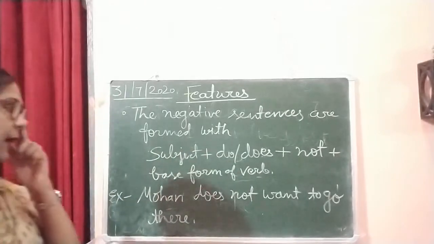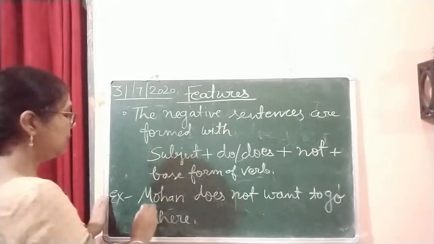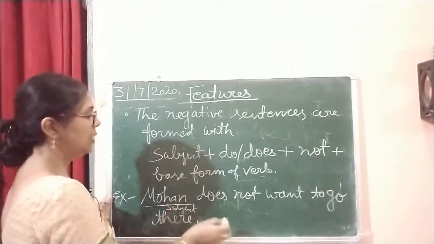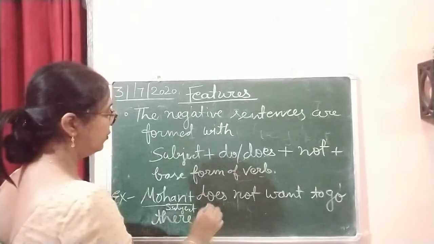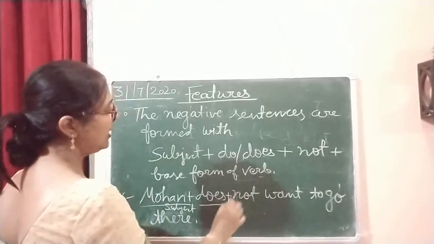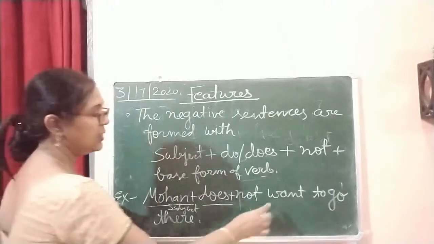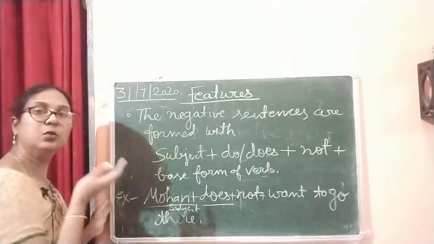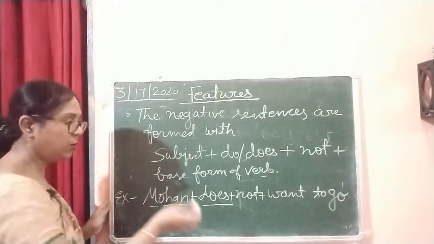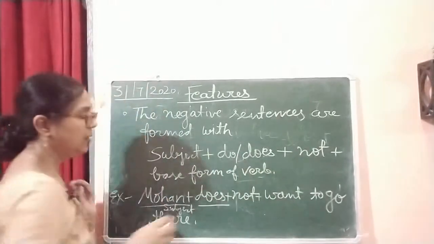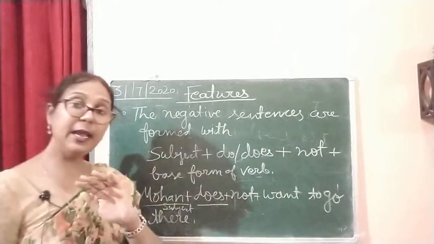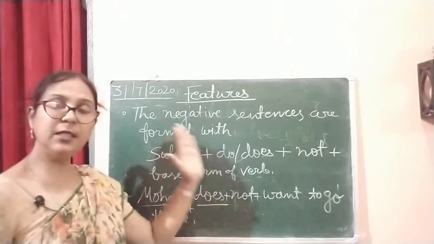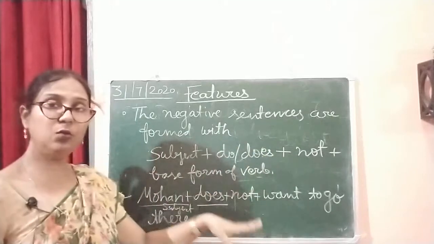Here Mohan is the subject. After that we have added does, then not, and then the verb, want to go somewhere. This is how we write the negative sentence: subject, then do or does according to the subject.